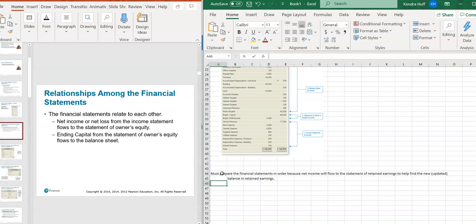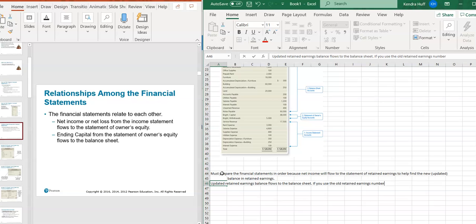And then this updated retained earnings balance flows to the balance sheet, and if you use the old retained earnings number, the balance sheet will not balance.